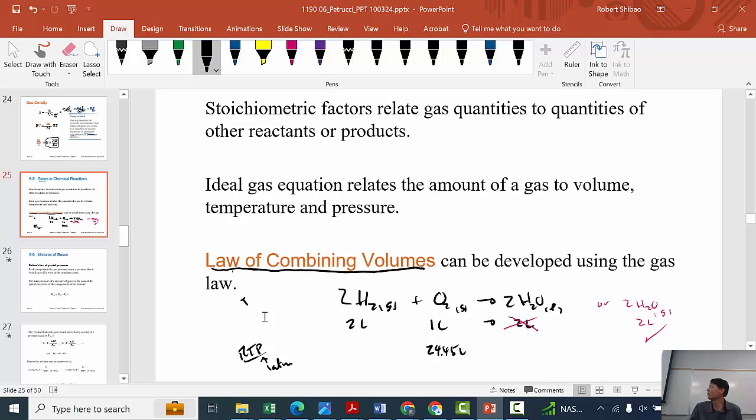So that would be 1 mole of oxygen. So if I take 24.45 liters of O2 and then double it, that would be 48.90 liters of H2. Okay, so this would be 2 moles of hydrogen. This would be 1 mole of oxygen.